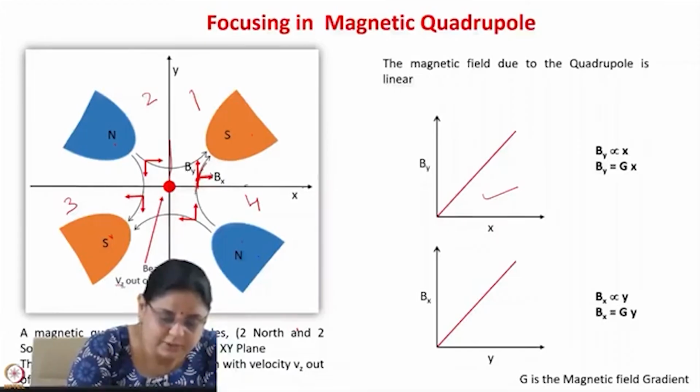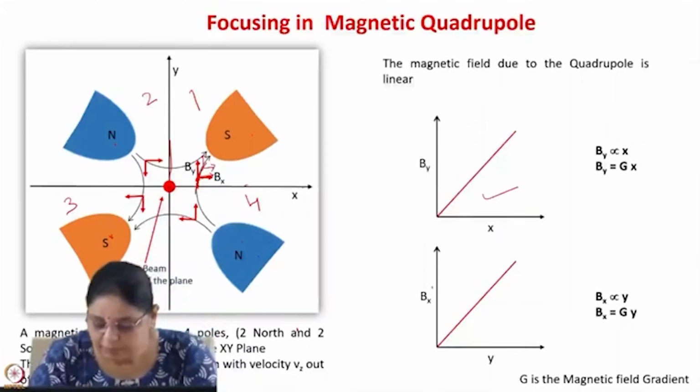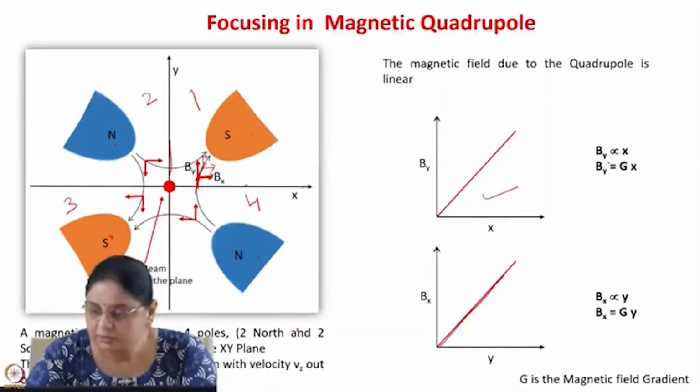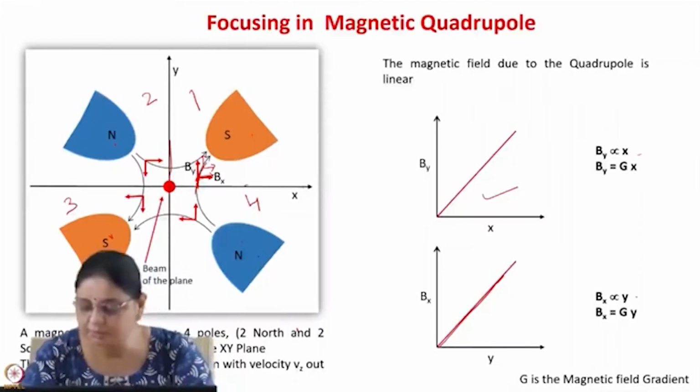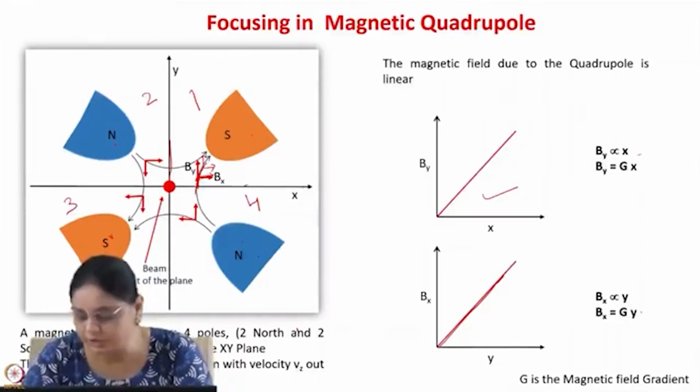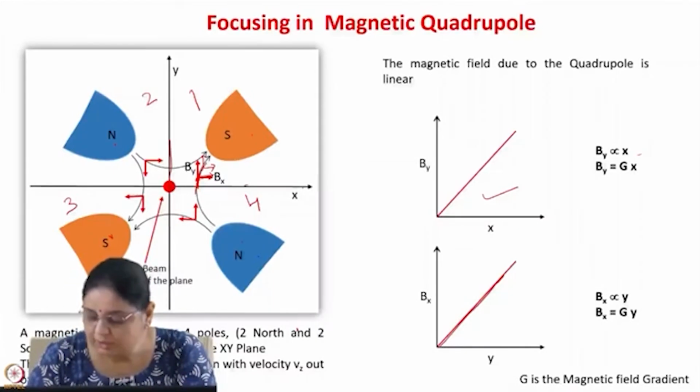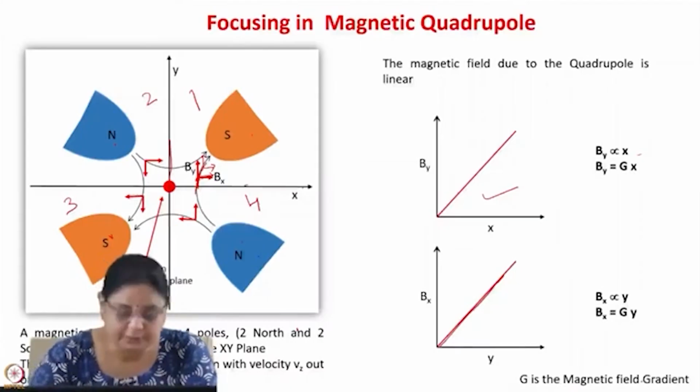Here it is 0 and slowly it is increasing. So the variation of Bx with Y is again linear. We can write By is proportional to X and By is equal to Gx, and similarly Bx is proportional to Y and Bx is equal to Gy, where G is called the magnetic field gradient.